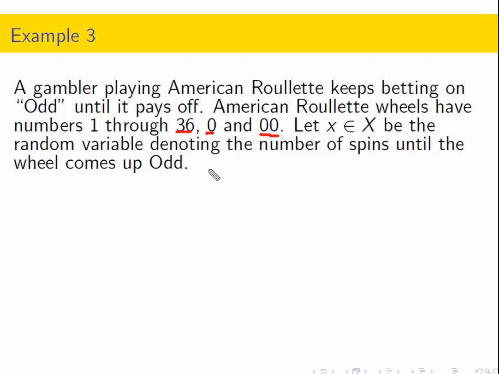All we have to do is figure out the probability of getting an odd. Well, 18 of these are odd out of 38 possible, so the probability we're looking at is 18 over 38, or 9/19. Okay, so now we want to write a probability density function where x is the number of spins until the wheel comes up odd.